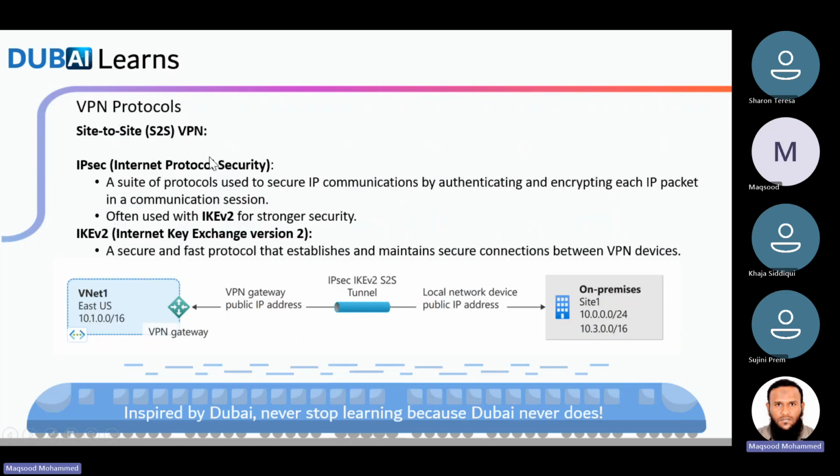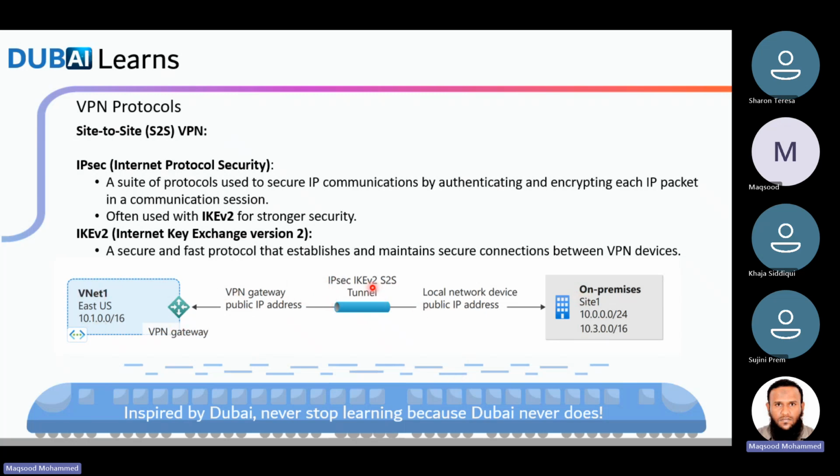Now there are different VPN protocols available. In the corporate world, in the organizations, VPNs are used in two different ways. One is the site-to-site VPN, wherein it uses IPsec as a protocol for site-to-site connectivity. You can see in the diagram here, at the bottom, we are connecting our on-prem setup with the Azure cloud with the help of a VPN tunnel.